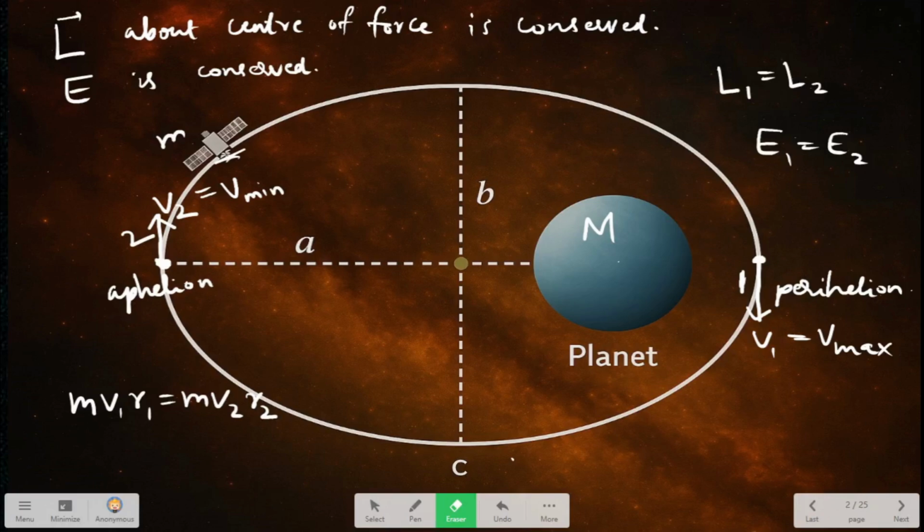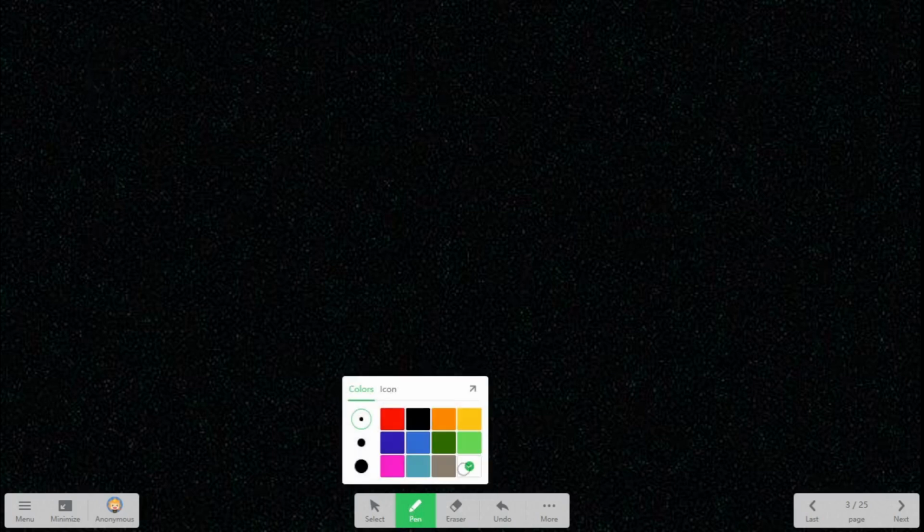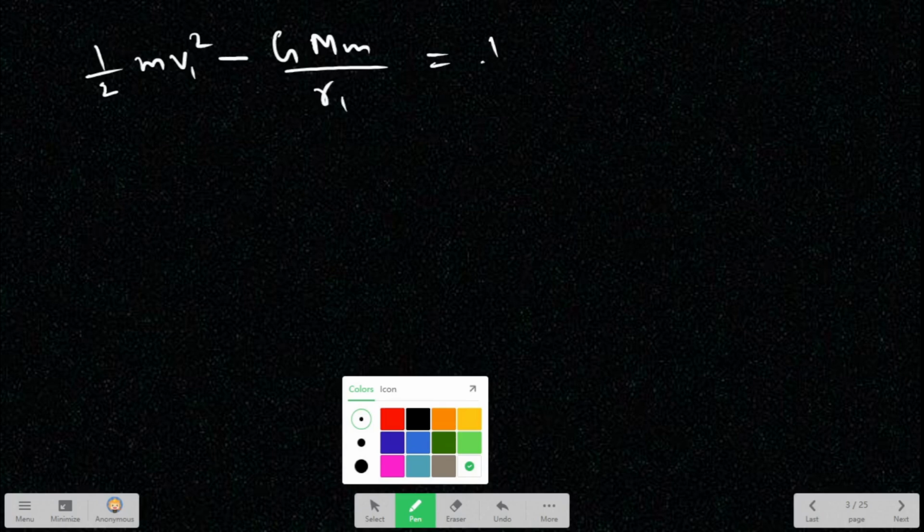Now use energy conservation. Kinetic energy for point 1 is half m v1 square plus potential energy. Potential energy is minus G M m by r1, which is equal to half m v2 square minus G M m by r2.